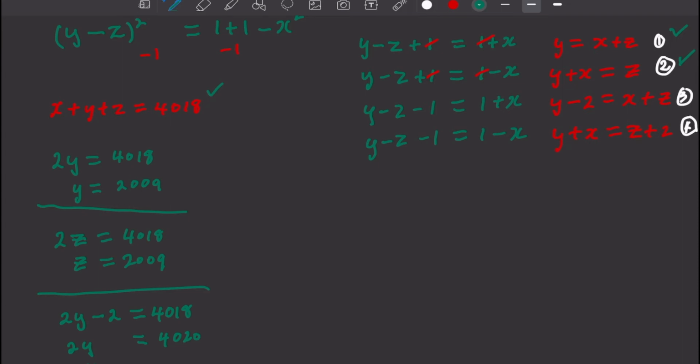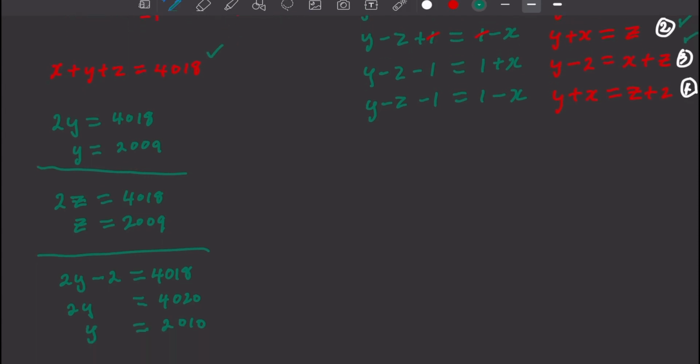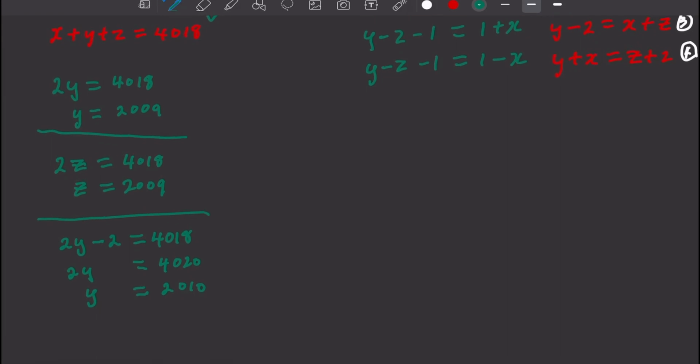So y is equal to 2010. So we've substituted equation 3. So now we're going to substitute equation 4 into x plus y plus z equals 4018.